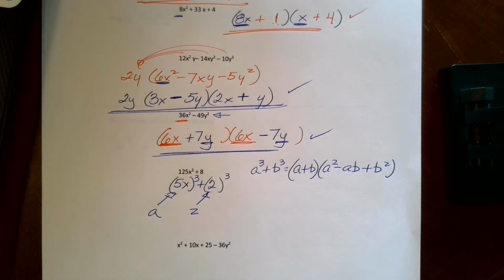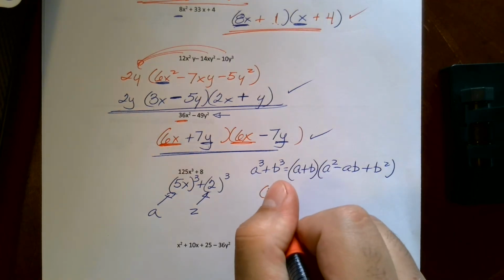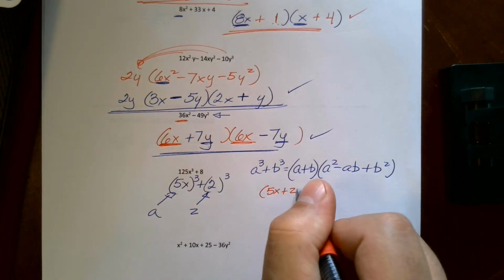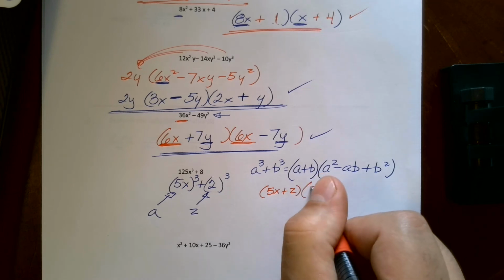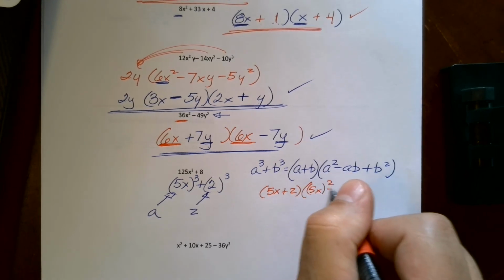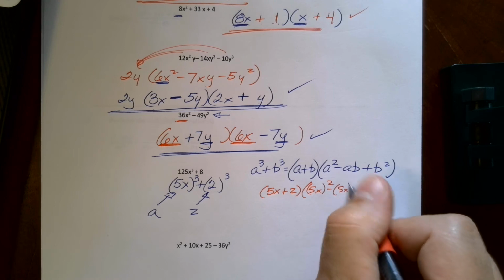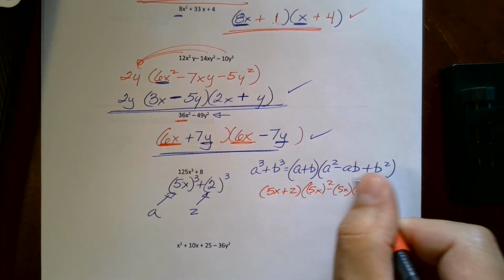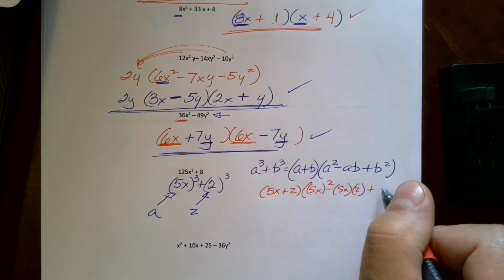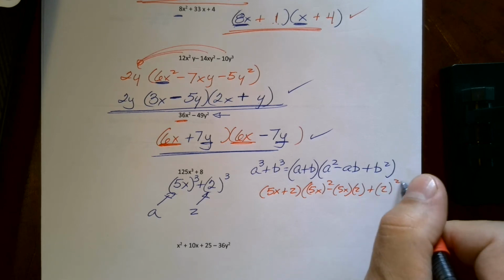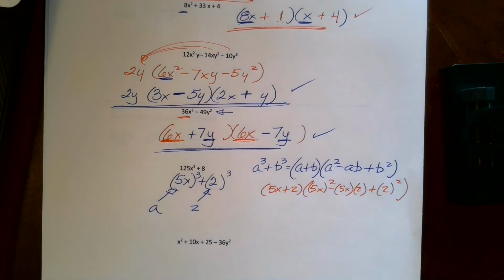So this would now read 5x plus 2, and then I would have 5x squared minus 5x times 2 for my a and b, plus 2 squared.